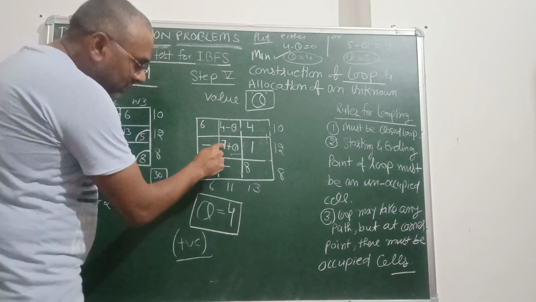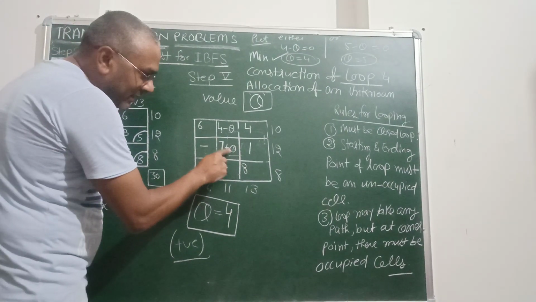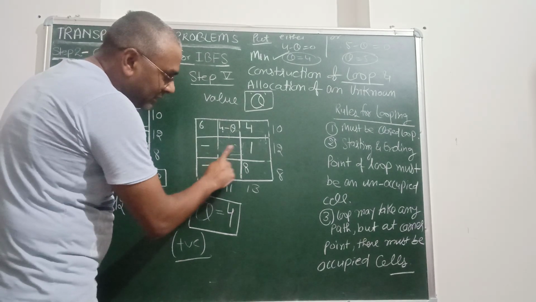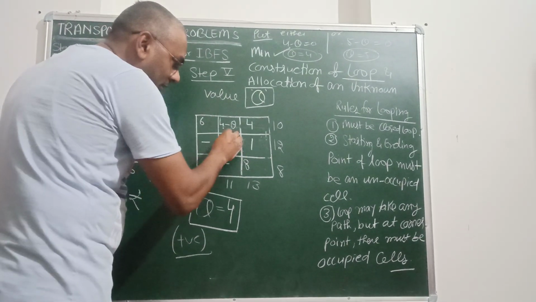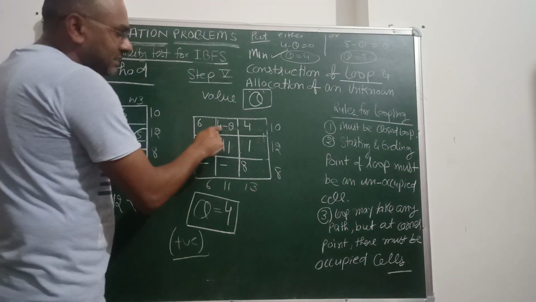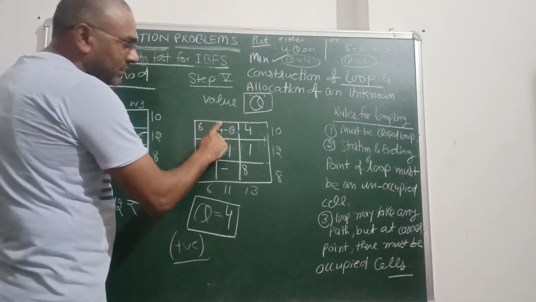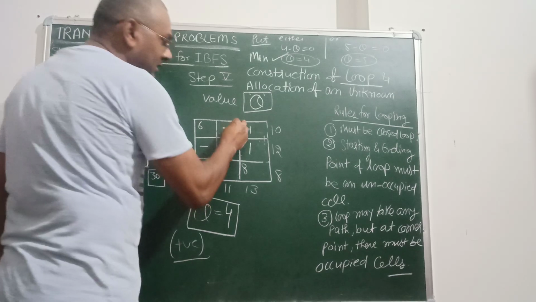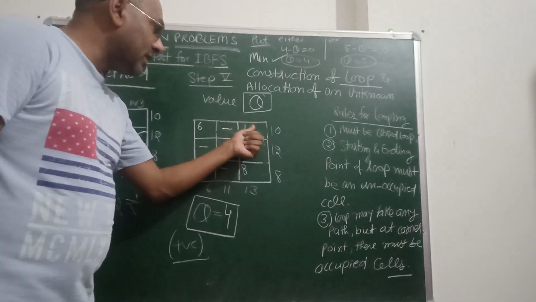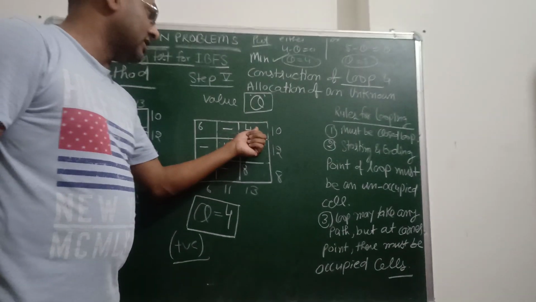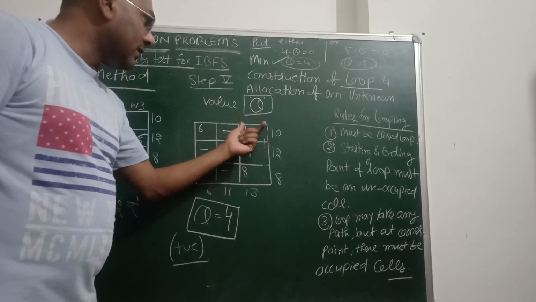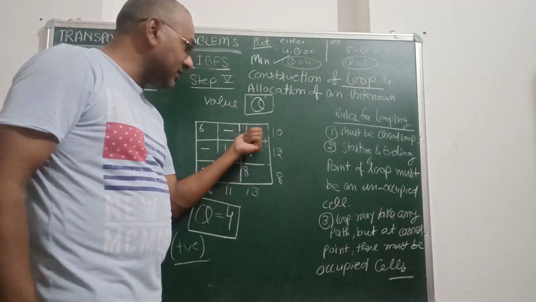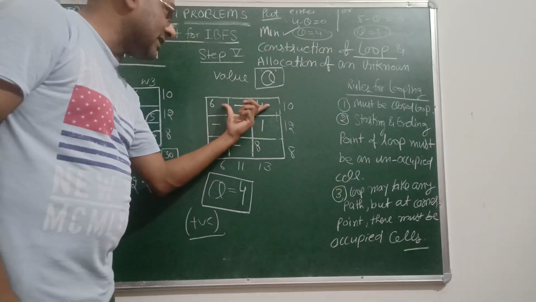Again, if you put theta equal to 4 here, then 7 plus 4, this cell will become 11, and if you subtract 4 from this 4, then there will be no allocation to this cell. So we have received a new cell to which a new allocation has been made and the balancing has been maintained.